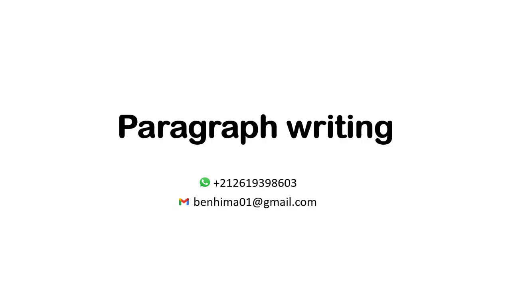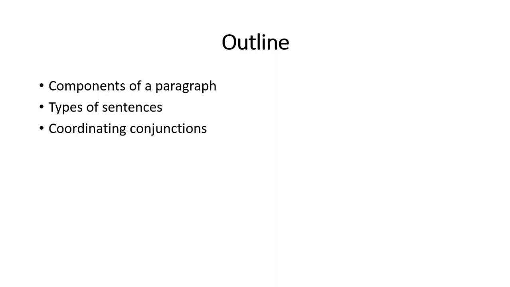So I'm going to go over the outline just to give you an idea of what the course is going to be about. The outline includes the following: components of a paragraph, types of sentences, and coordinating and subordinating conjunctions.